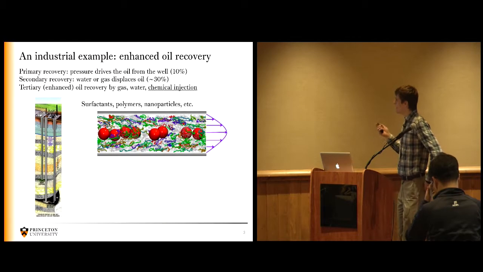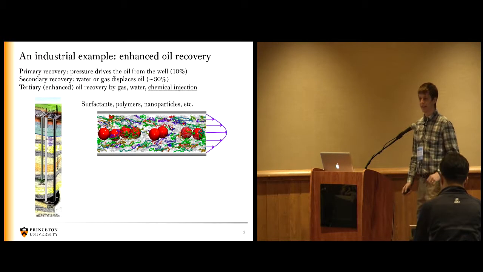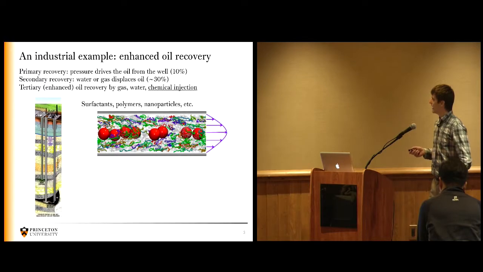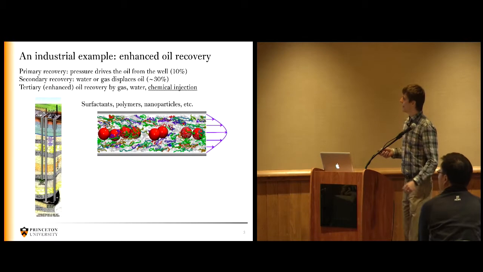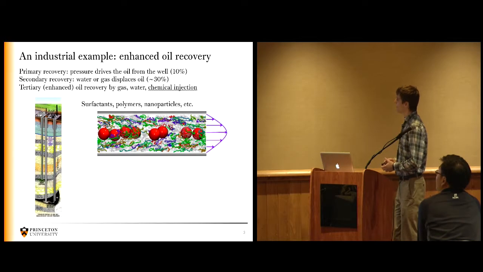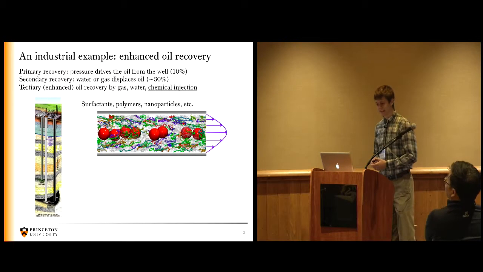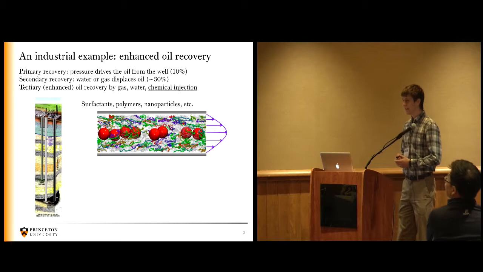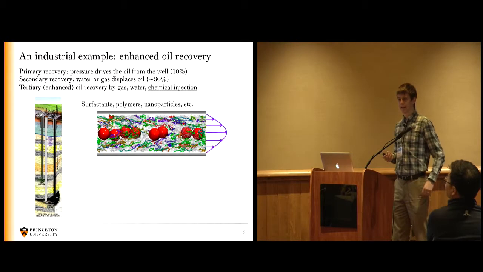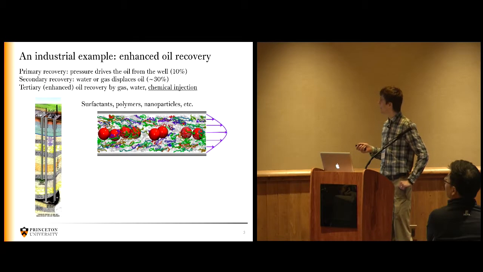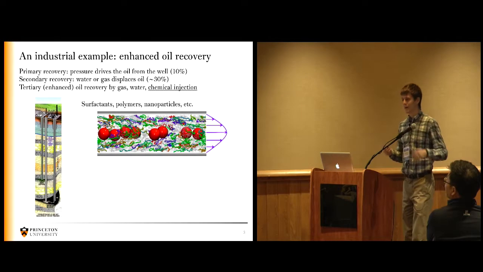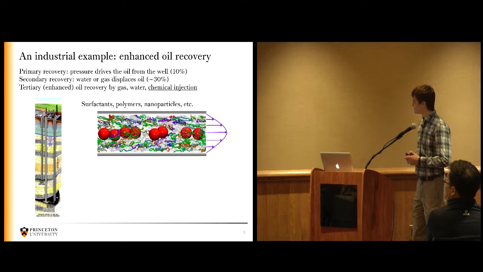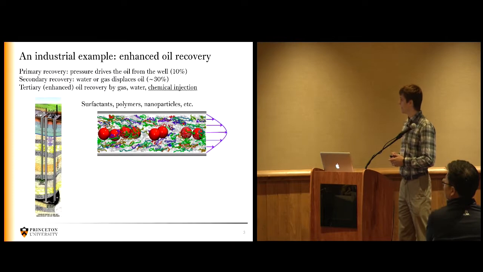One motivating industrial example is enhanced oil recovery, where after we've already gotten all the easy oil out of a well, there's a third stage of oil recovery where we inject a chemical mixture. It can have things like surfactants, which are soap-like and help pull the oil into the water phase, polymers, which serve as viscosity modifiers, and also nanoparticles that can help agitate the mixture in the formation.